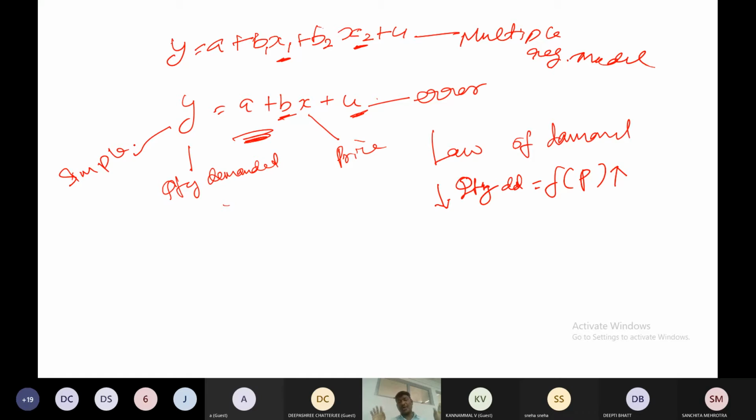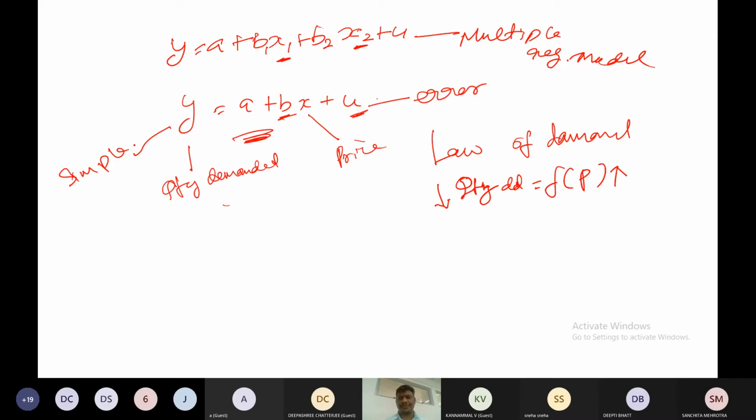Now you understand the difference: it is based on the count of independent variables, the right hand side variables. The simple regression model has only one, and the multiple has two or more, 2 or 3 or 4, it's up to you.